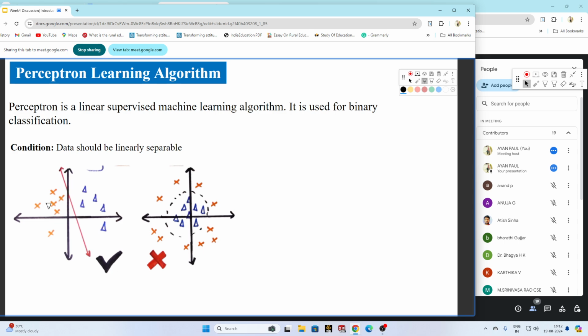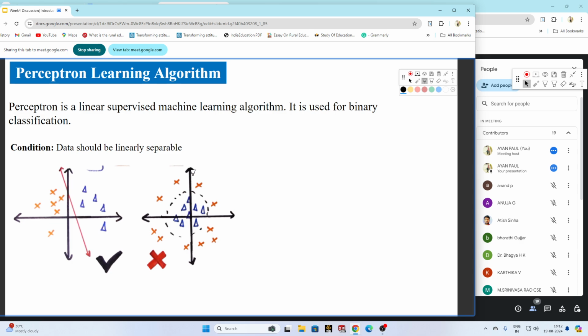One is denoted by crosses in orange color, and the other class is denoted by triangles in blue color. These two classes can be linearly separated. So in this type of data we can apply the perceptron learning algorithm.